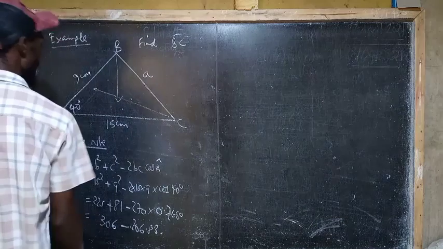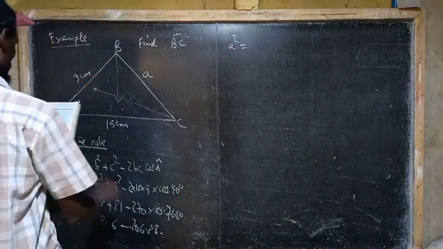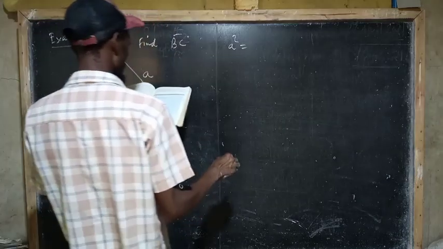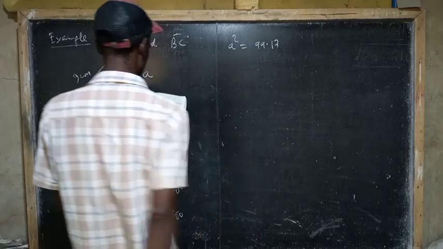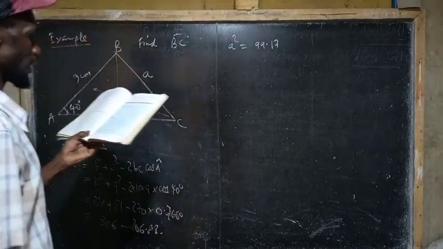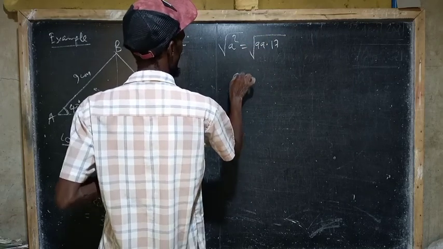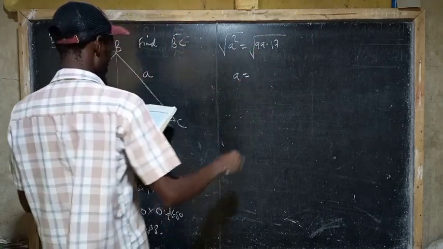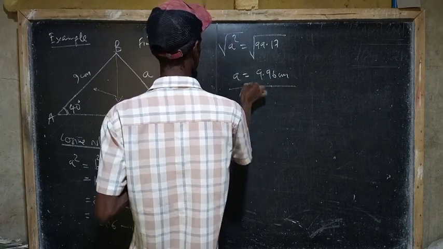So a squared equals the difference, which is 99.17. Now we are looking for the value of a, so we find the square root of this, and we get 9.96 cm. This is a.